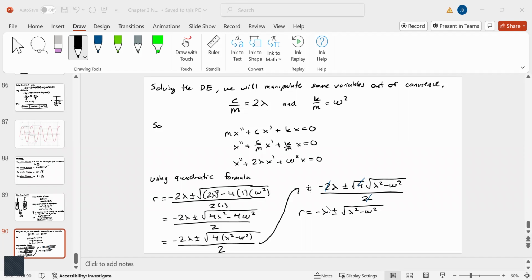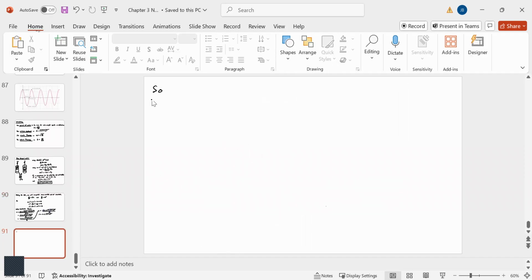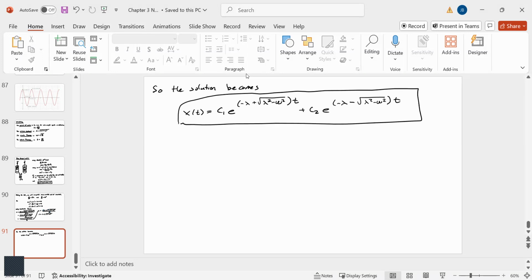So then our final solution for every single scenario becomes x of t equal to C1 e to the negative lambda plus the square root of lambda squared minus omega squared t, plus C2 e to the negative lambda minus the square root of lambda squared minus omega squared t. Like that solves every single scenario right there. That's the equation.